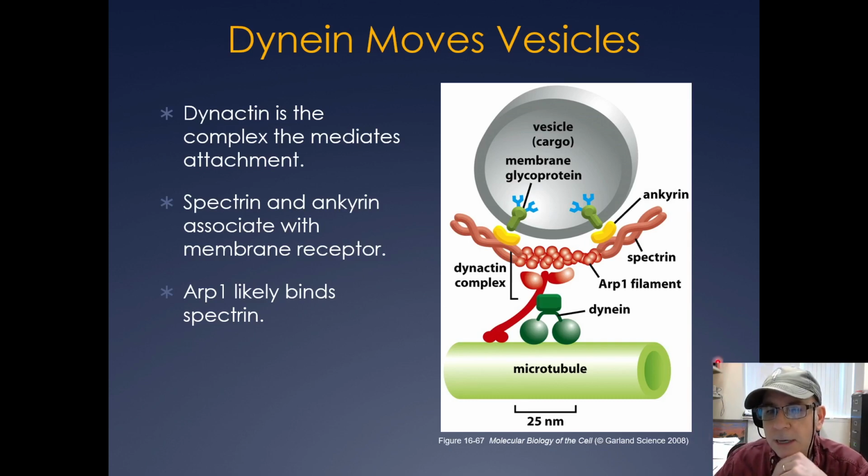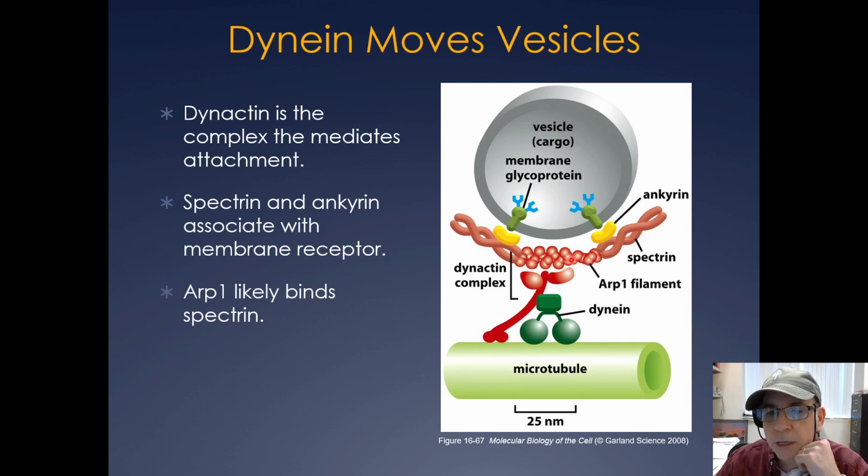Here's how dynein moves vesicles. It's attached to a large complex called the dynactin complex. Here is your vesicle cargo with membrane glycoproteins associated with it, and your dynein attached to the microtubules. The dynactin complex consists of spectrin, ankyrin, and actin-related protein 1, or ARP1.